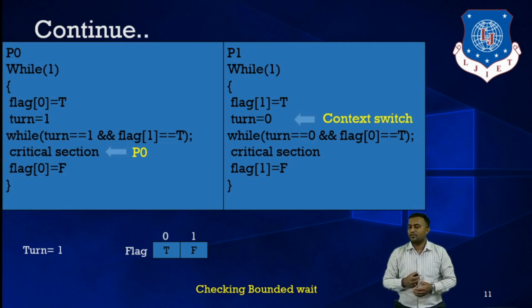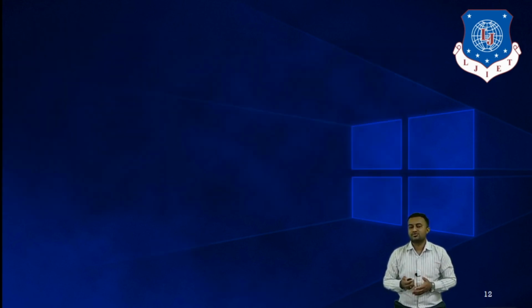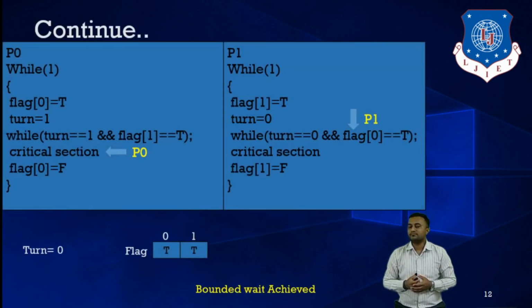Now, when P0 is in the critical section, if context switching happens at this particular moment, what will happen? Once P1 starts its execution, flag of 1 is set to true, because context switching is performed and P0 is right now in the critical section.